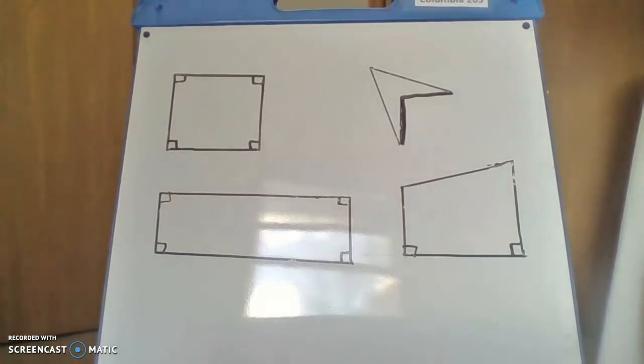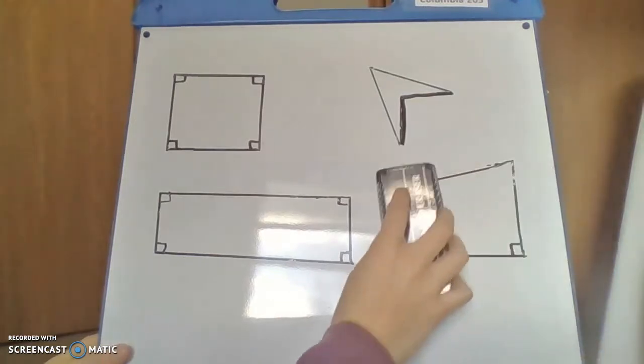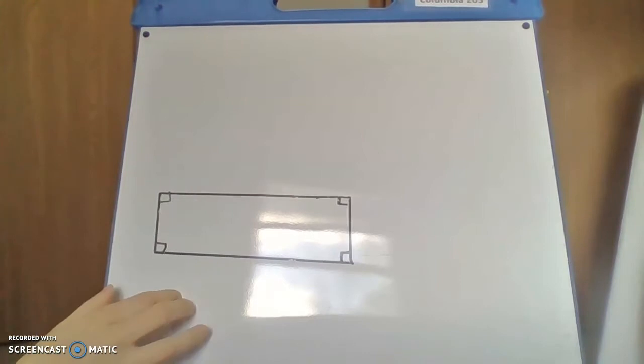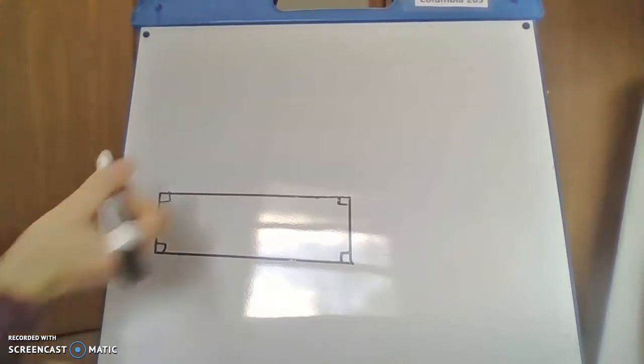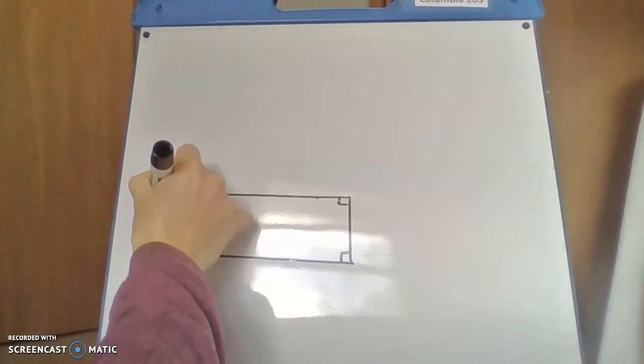Very nice. So now, what we're going to do is, I'm actually going to get rid of these for right now. So, of course, if you need it, pause the video. But I want to focus on this rectangle right here. And I'm going to make these lines a little darker.